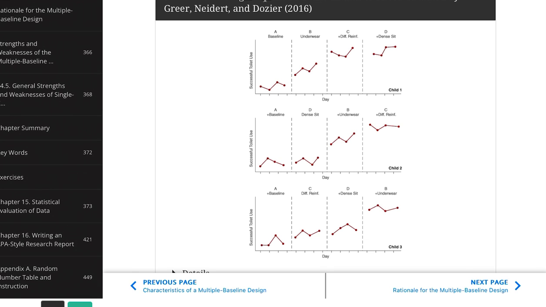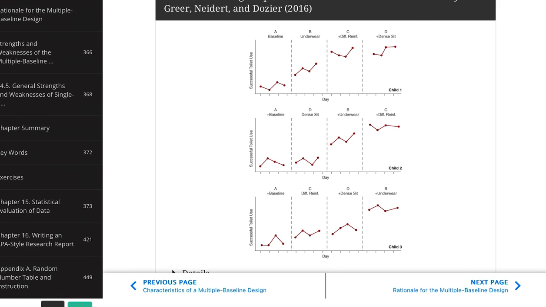You see each child experience the components in a different order. So instead of being initiated at a different time, like those examples we looked at before, instead here we're looking at them in a different order. Again, this is to see which is most effective, and if there's a certain order that is more effective.